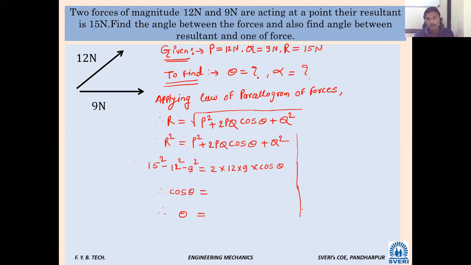Theta is exactly 90, but somebody has told 90 point something. How is it so? Sir, alpha is 36.86. Very good. Exactly, alpha is 36.86.